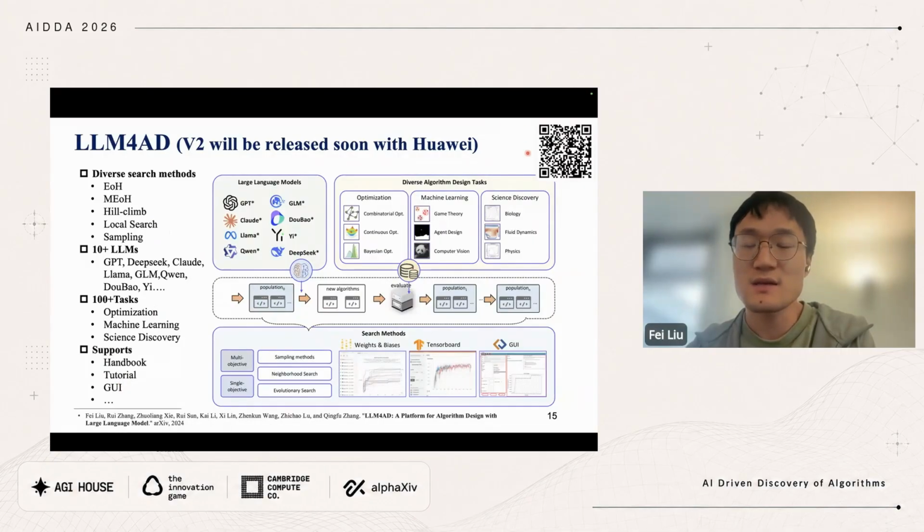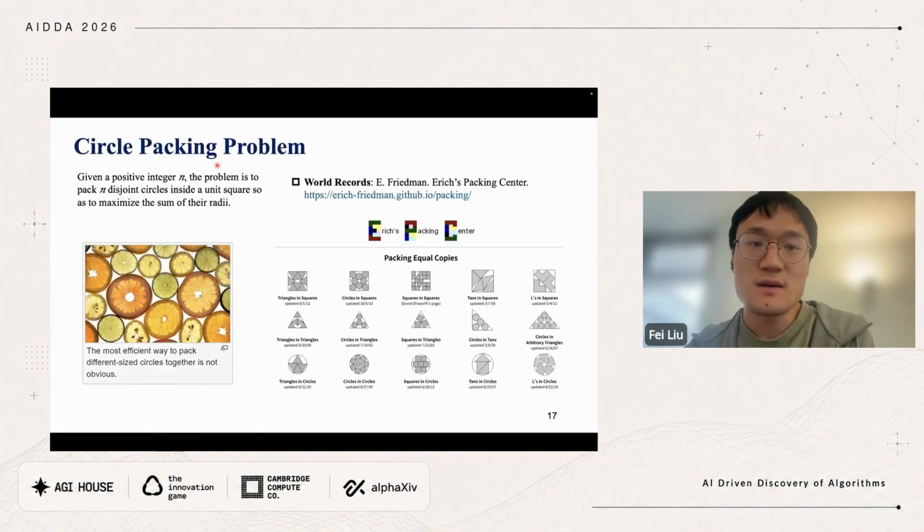If you are interested, you can scan the code. In one or two weeks we will release version 2, in cooperation with Huawei, with more automation. We integrated the agentic pipeline so that we can directly input language and it will design the algorithm, which is very convenient. As I mentioned, there are more than 100 applications, and I will only mention some of them.